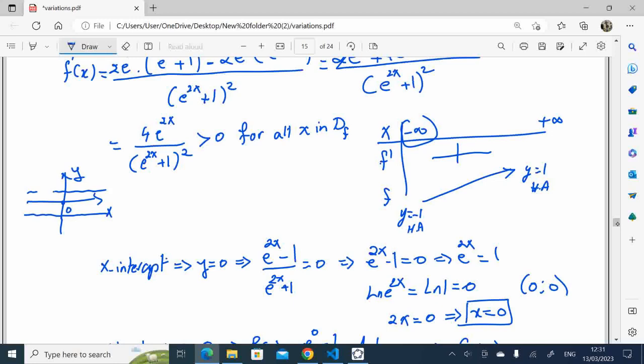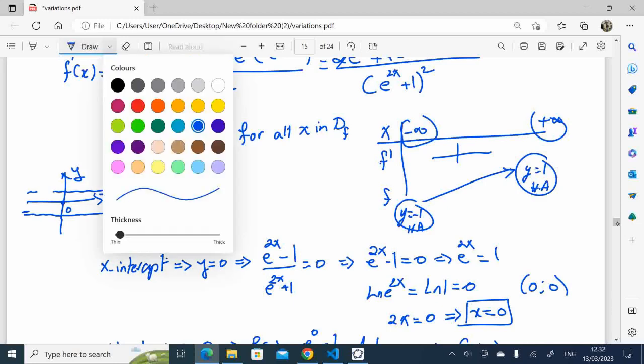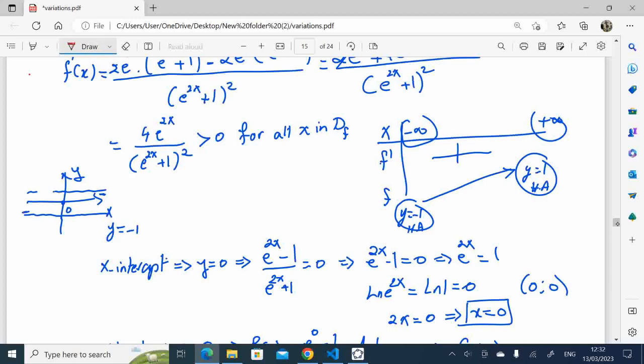The table of variation says that the graph will start from minus infinity at the horizontal asymptote y equals minus 1, from the left side, and it will go up to plus infinity at the second horizontal asymptote, y equals 1. So the graph goes from minus infinity up to plus infinity of the second asymptote.